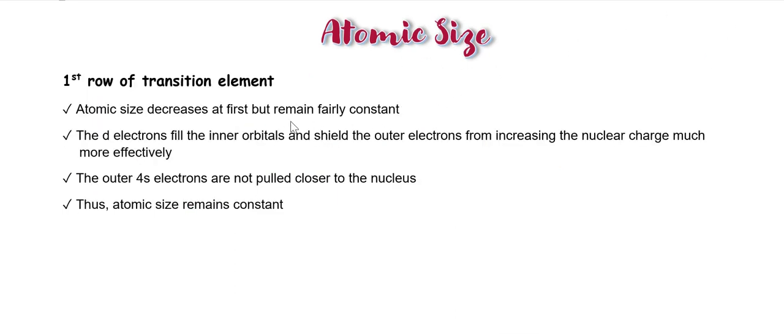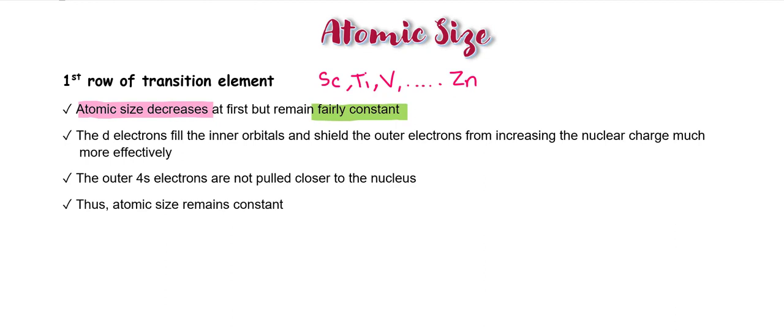And the last thing in atomic size trend is we are going to look at the first row of the transition elements, which is from scandium, titanium, vanadium until zinc. For these transition elements, we can see that at first the atomic size decreases, but after that it remains fairly constant.